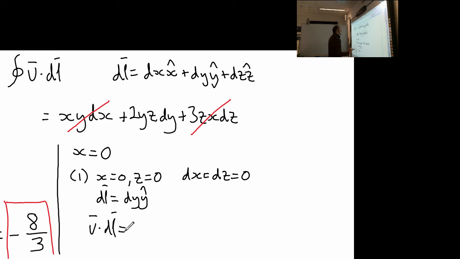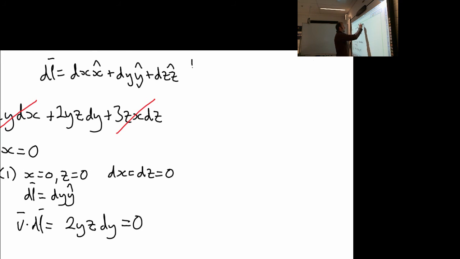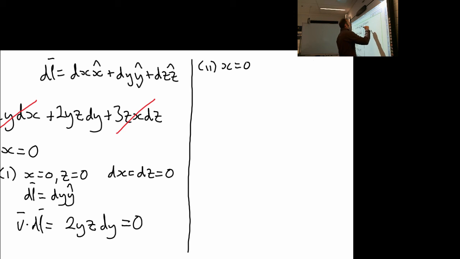What we get is 2yz dy, which is equal to 0, since z is equal to 0. Okay, so now let's look at the second side. Again we have x is equal to 0, and y is going to go from 2 to 0.